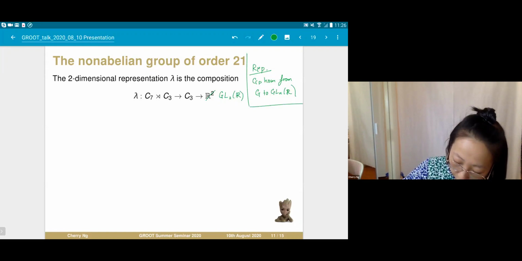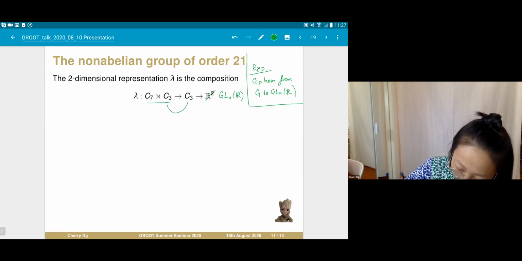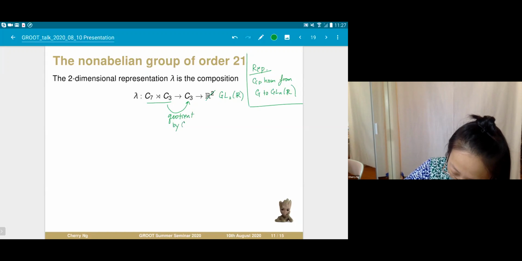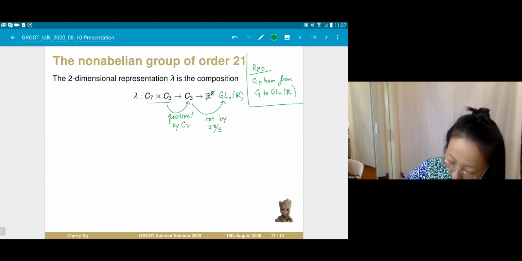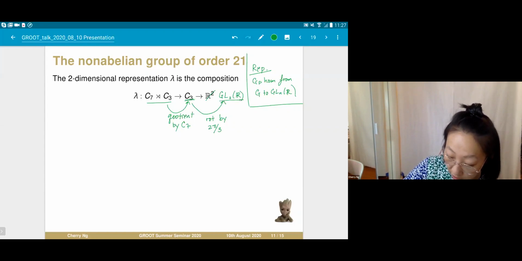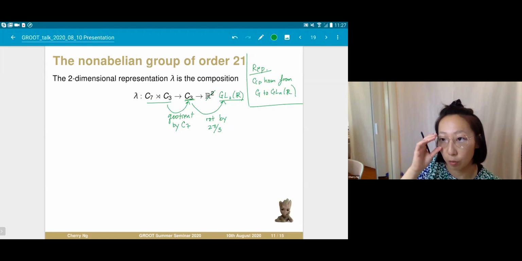And so we can form this small lambda by taking our group, and the first map is the quotient by the normal subgroup C7. And then the second map is the rotation by 2 pi over 3 representation, where C3 is mapped to matrices that rotate R2 by 2 pi over 3.